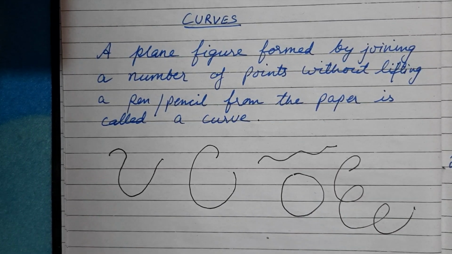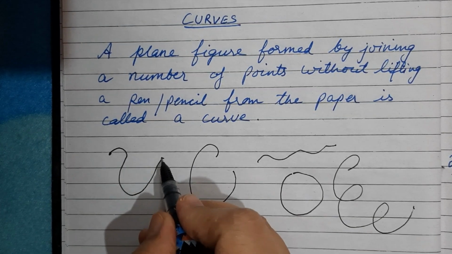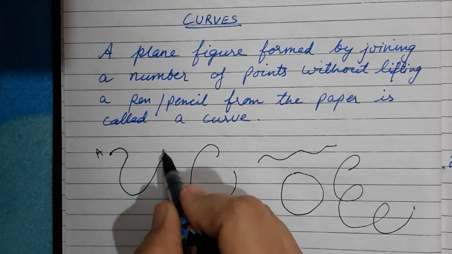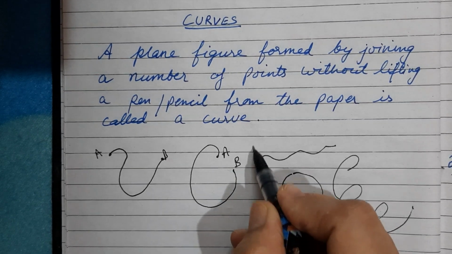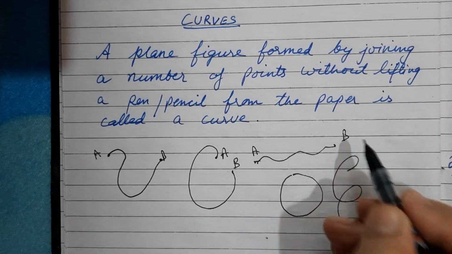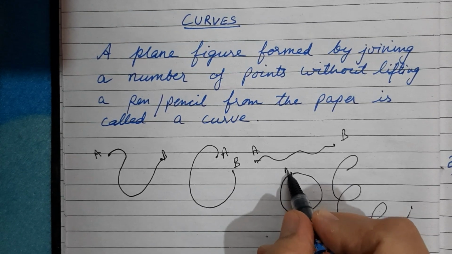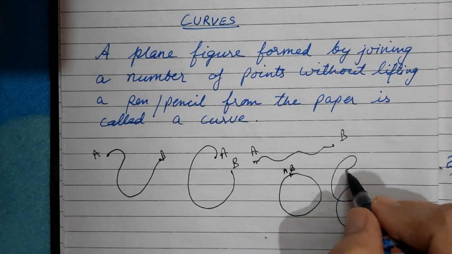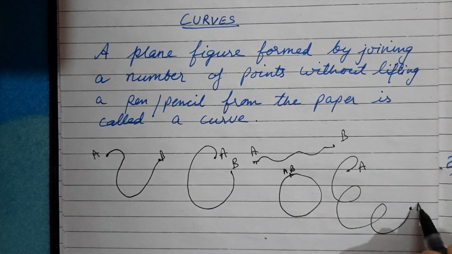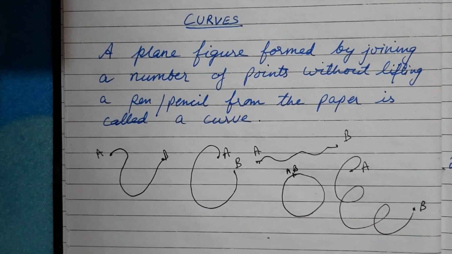This is a curve. It means starting from a point A, ending at a point B. Here also, this is A, this is B. Here also in a circle, starting from A and it just touches here at B. All these are curves.